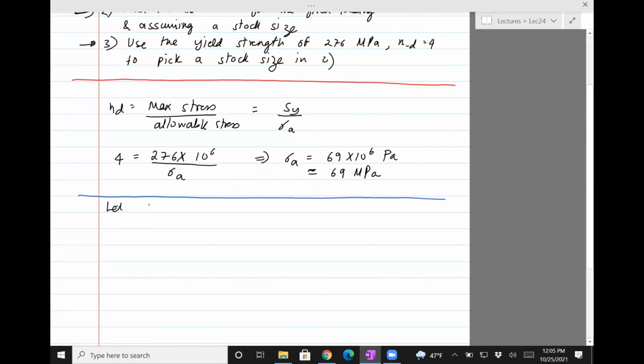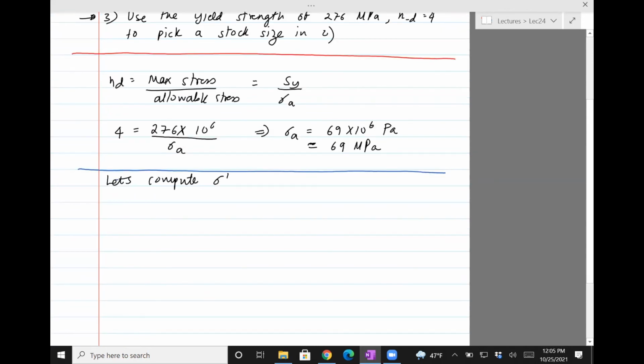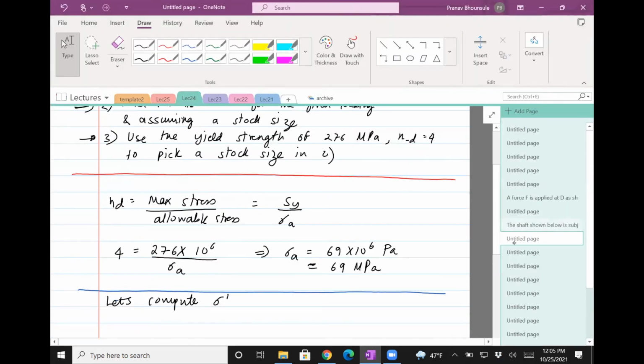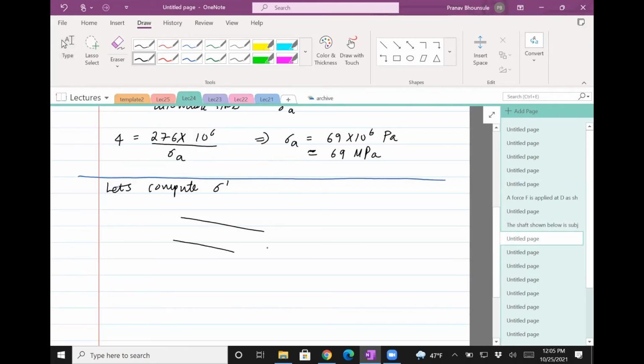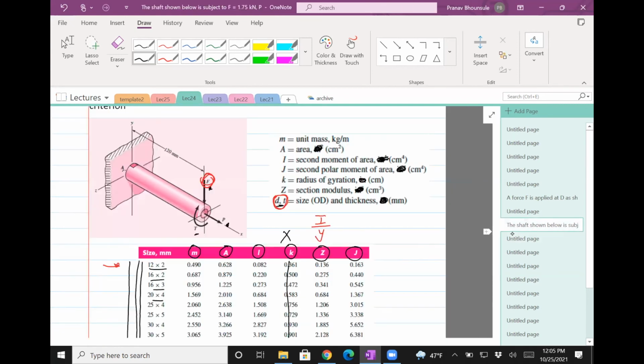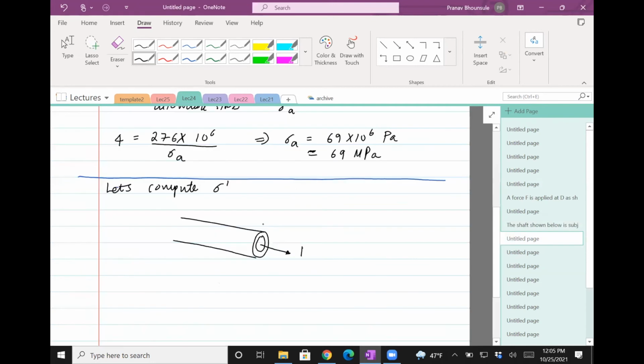So let's compute sigma prime. To compute sigma prime, we need to first understand what the stresses in this shaft are. So I can redraw it here. There is P, P, F, and a torque.